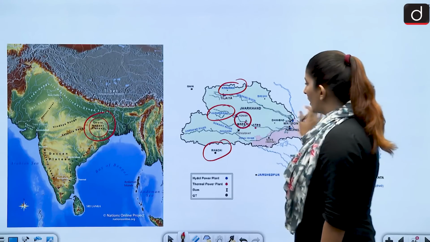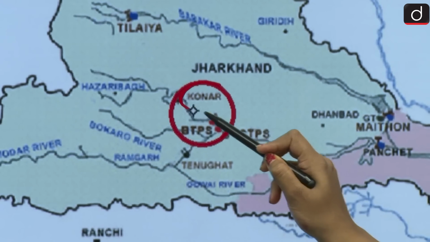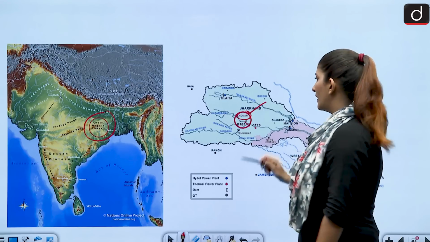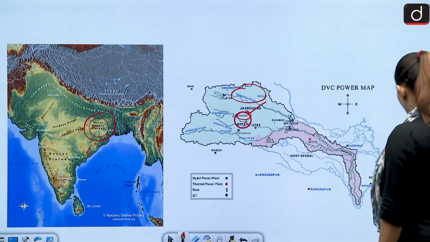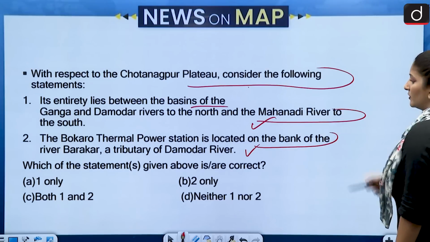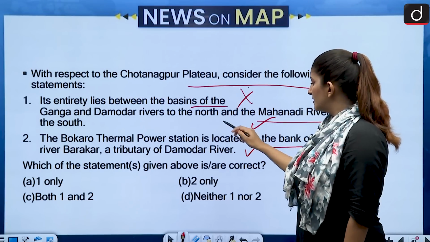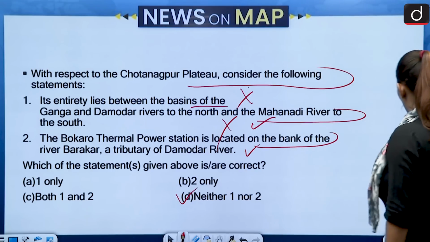Secondly, if we talk about Bokaro Thermal Power Station, it lies near the bank of Konar River and not Barakar River. Okay, so Barakar is over here, Konar is over here, a tributary of course of the Damodar River. First is not correct. Second is also not correct. The correct answer is D, neither 1 nor 2.